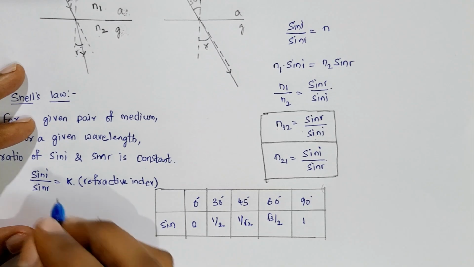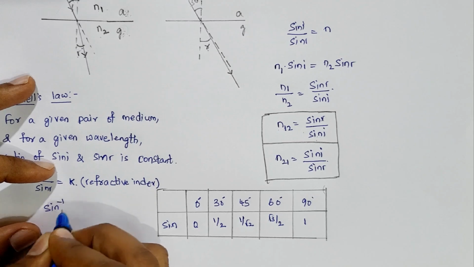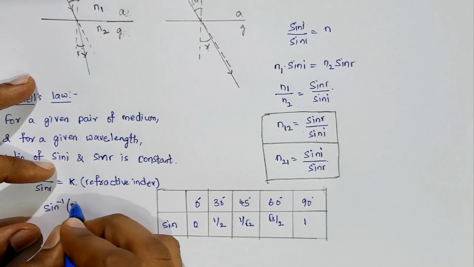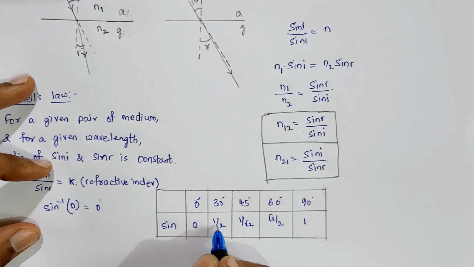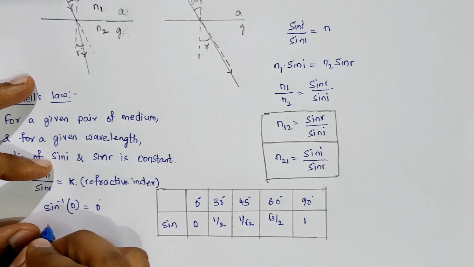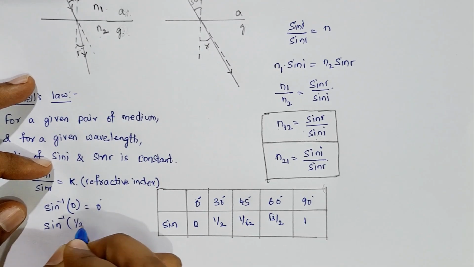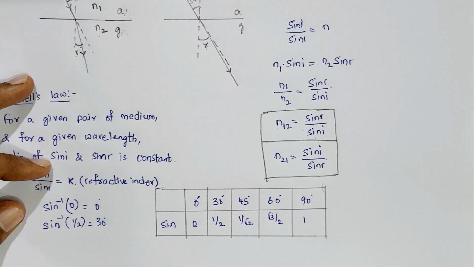Inverse trigonometry function means sin inverse of, from here to here we came, no? Inverse means from here to here. Sin inverse of 0 is equal to 0 degrees. Sin inverse of 1 by 2 is equal to 30 degrees.